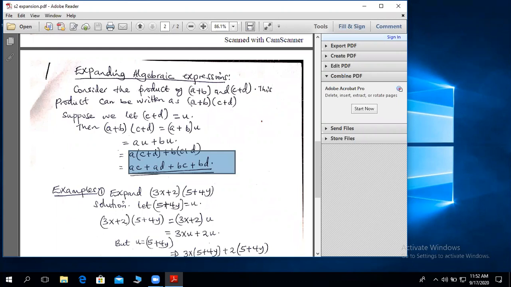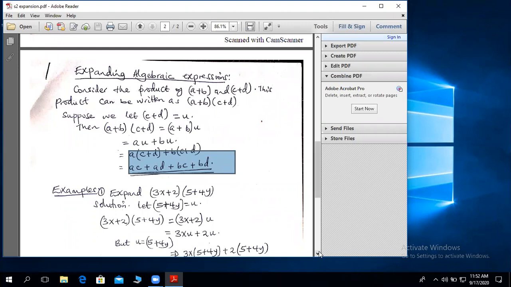You say A times the whole of the second bracket, which is C plus D, then plus B times the whole of the second bracket, which is C plus D. Like I've been telling you, I will be fine with it, no problem. I will give you all the marks. So the terms of the first bracket, you multiply them by the second bracket, each one at a time. I think that one is okay.